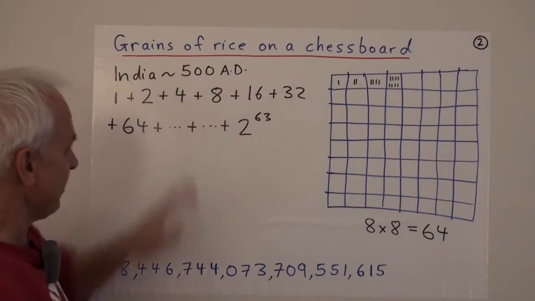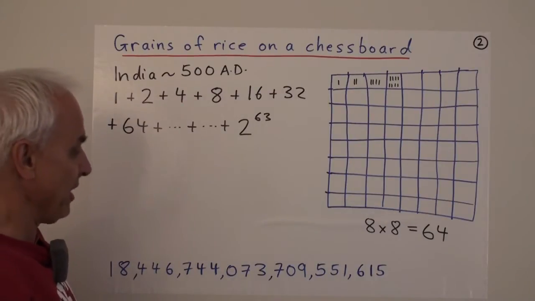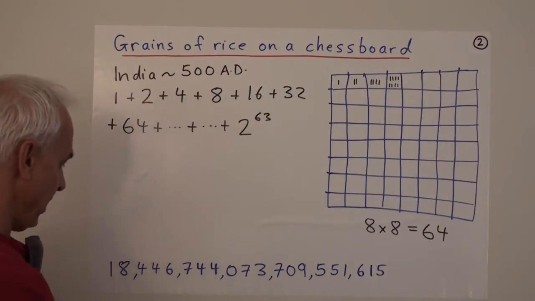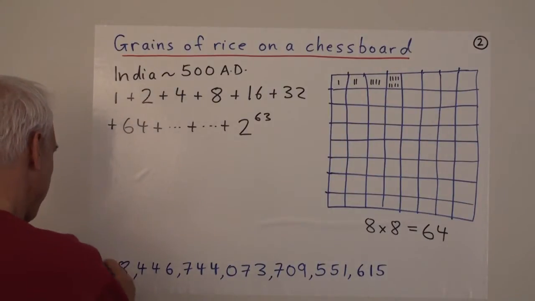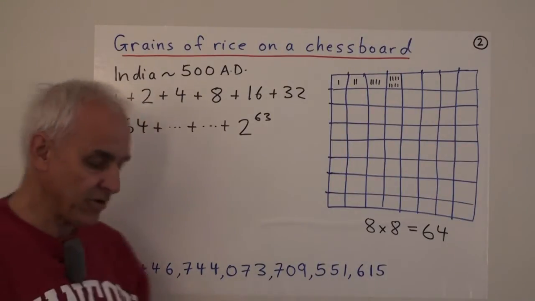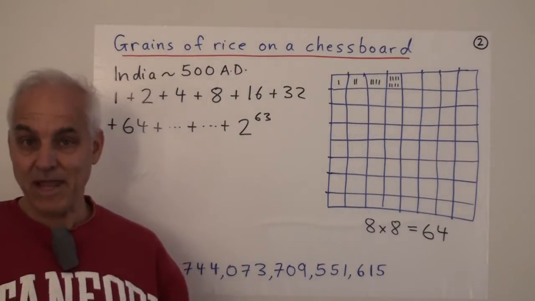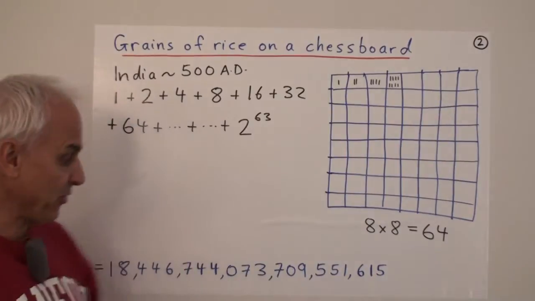Okay, so that turns out to be a very big number, and in fact if you calculate this big total, it ends up equaling this. This is the total number of grains of rice that the advisor would have gotten if the king was able to fulfill the request.